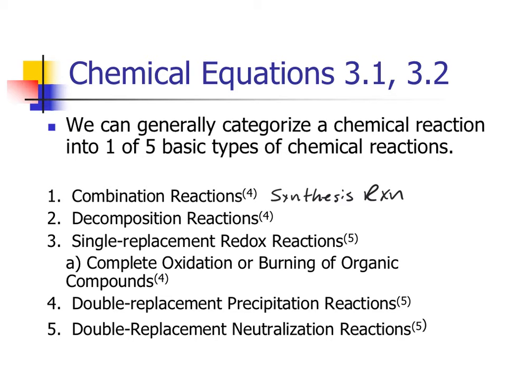Some of the reactions that we're looking at in this unit have a predictable outcome, and therefore we will be asked to predict said outcome. The other one is a complete oxidation or burning of organic compounds, and that one is a very, very, very predictable outcome, especially if it's a complete oxidation or a complete burning of the organic compounds.